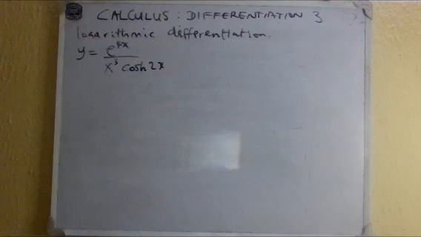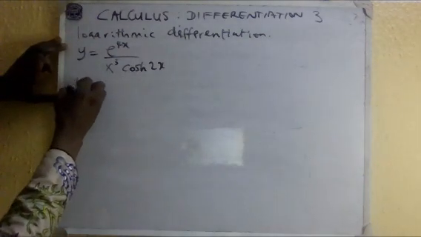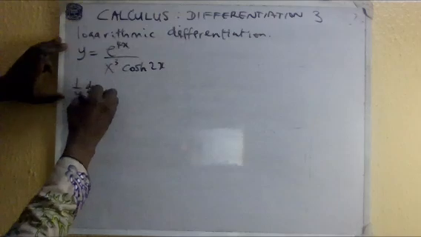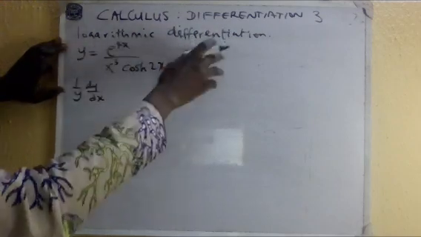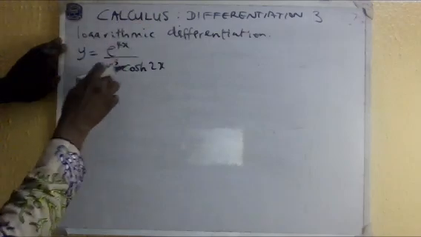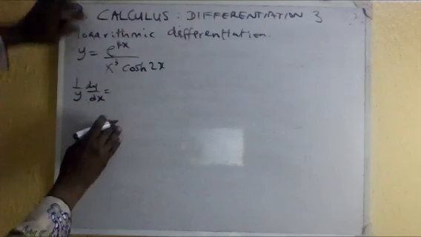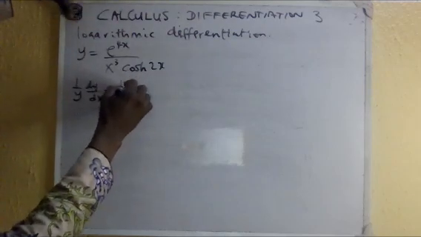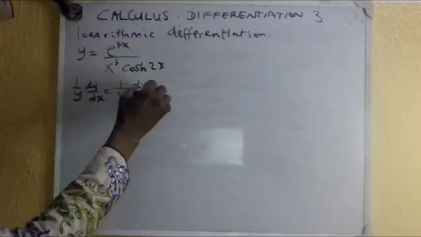Now, if I write the equation 1 over y dy/dx, I'm applying the logarithmic differentiation pattern, because this is 1, 2, 3, so this is our u. So 1 over u du/dx.